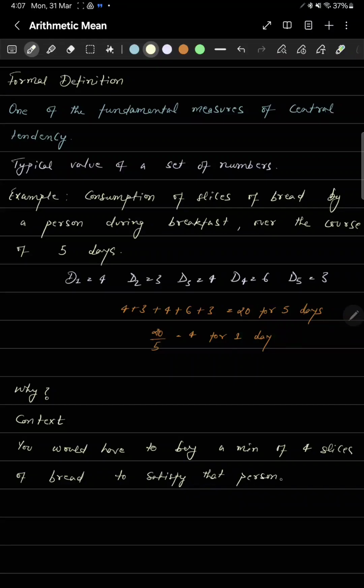You can obviously buy more than 4, right? You can have some margin, in case the person gets more hungry than usual, right? So you should have a backup of 2 more breads, so you can buy 6. But at minimum, the calculation that we did gave you an idea that you will have to buy 4 slices of bread to satisfy that person.